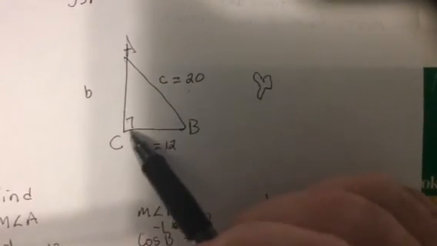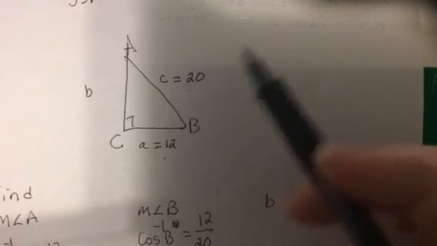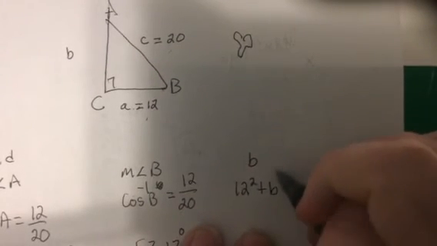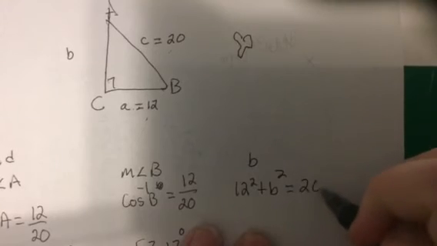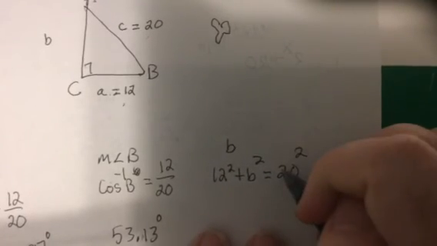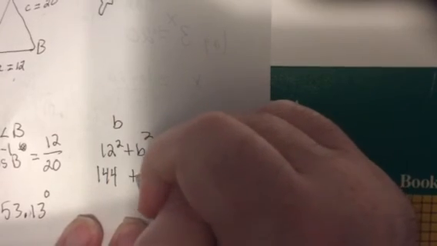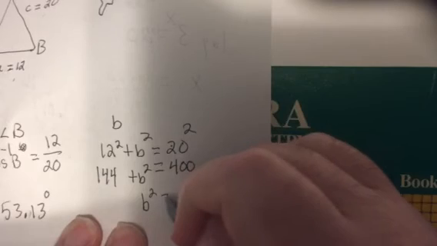Now, B, let's do Pythagoras. 12 squared plus b squared equals 20 squared. So that's 400. That's 144. So subtract 144.